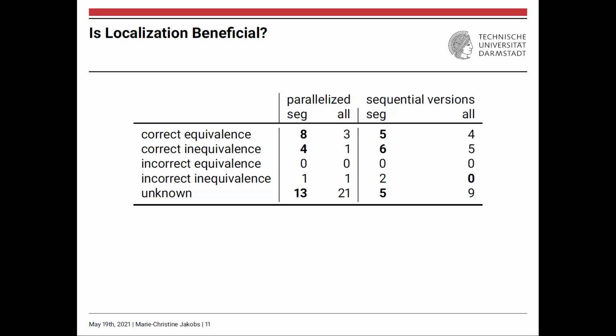And therefore, we compare PACT-check with localization, so those are the columns seg in this case, against PACT-check with whole program analysis, so the columns all. And that is possible with PACT-check because we can provide what the code segments are.